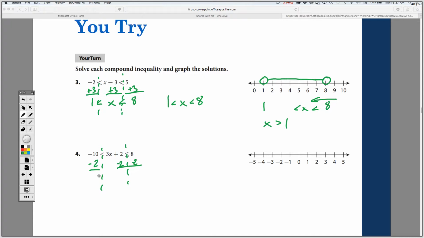You owe me $10, you owe me $2. Okay. So you owe me 12, less than. 3x plus 2 becomes 3x. Less than or equal to, what's 8 minus 2? 6. Good. Now what?